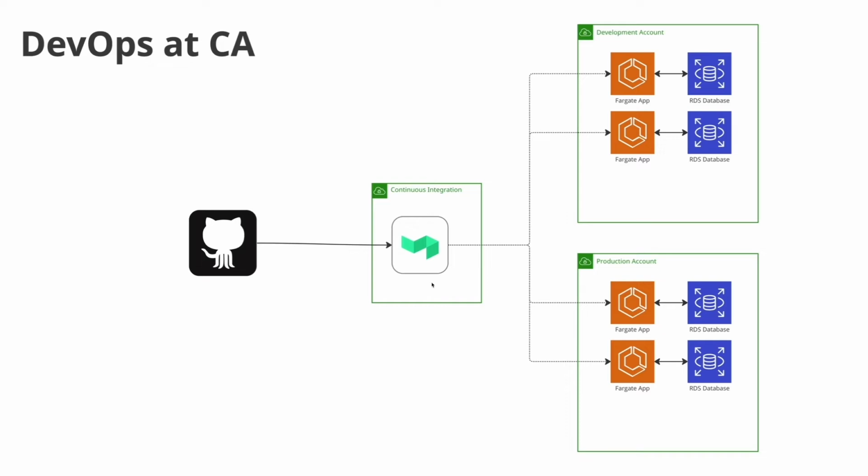In our continuous integration account, we run our Buildkite agents, and they run all the appropriate CI/CD bits and ultimately deploy apps. Here we've got Fargate apps deployed to user-facing accounts like production, where the user-facing services are, or development accounts for internal use that obviously mirror the production accounts. These web apps are going to connect to a database of some kind, presumably as well.